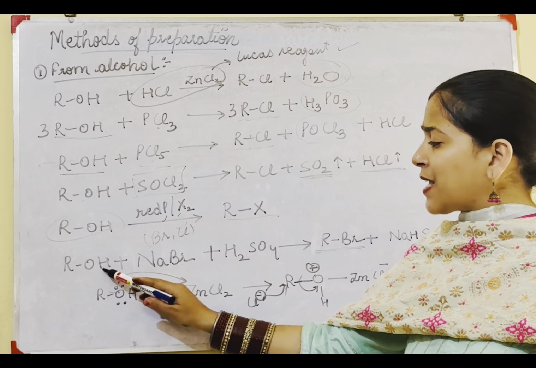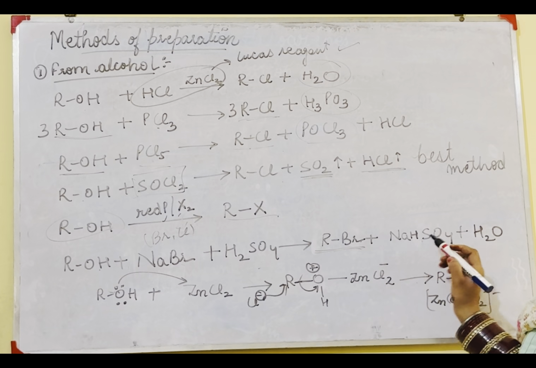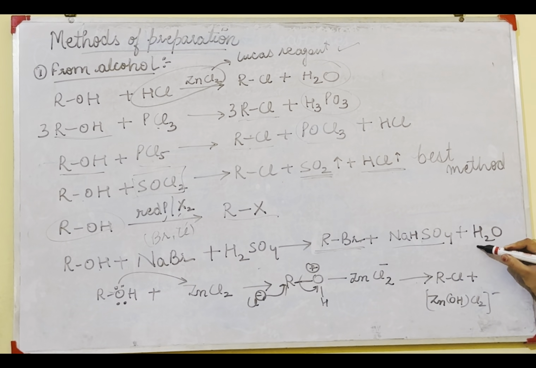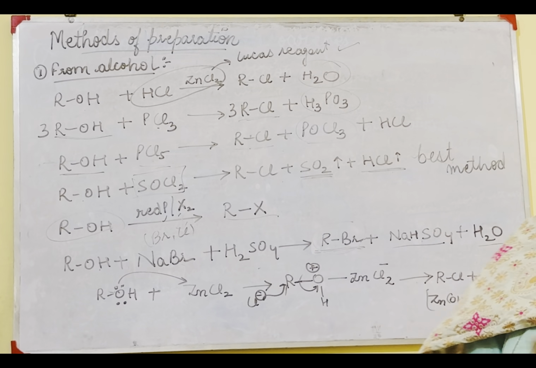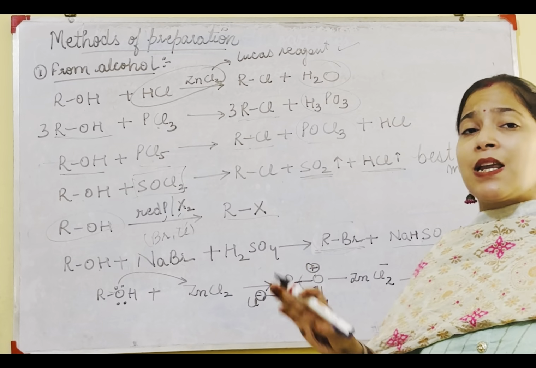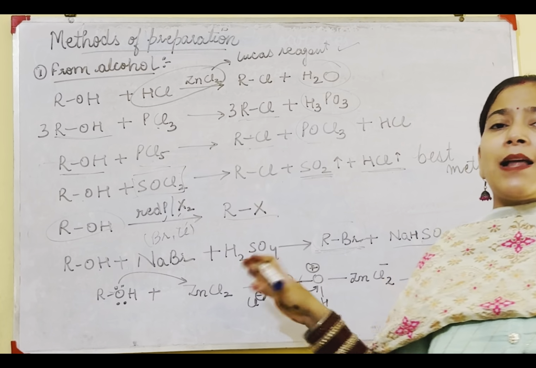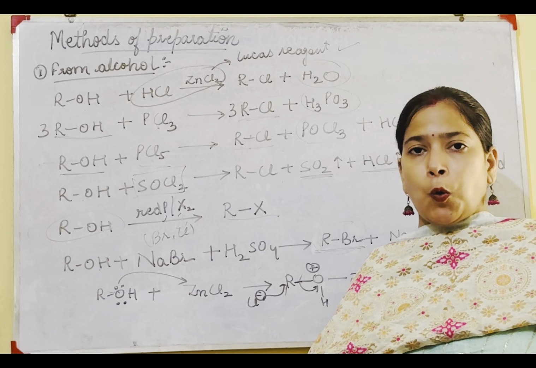Now in this case NaBr will react with alcohol in the presence of H2SO4 and it will give NaHSO4 and water with the formation of alkyl bromide. This method is mainly specific for alkyl bromide. So these are all the methods of preparation of haloalkanes from alcohol.